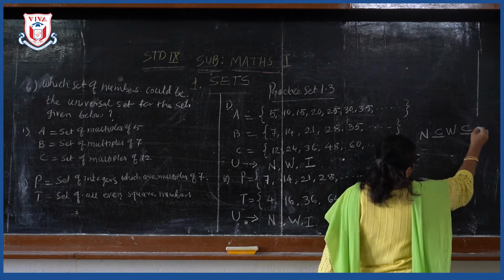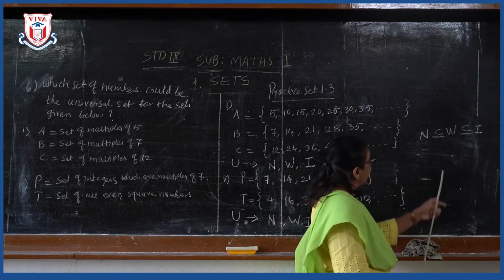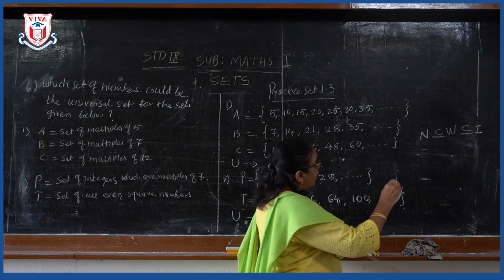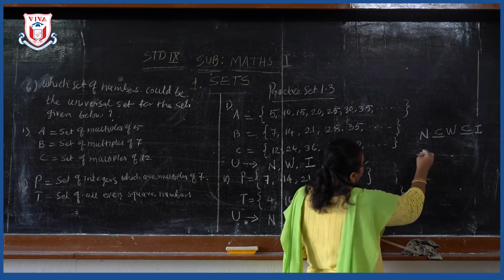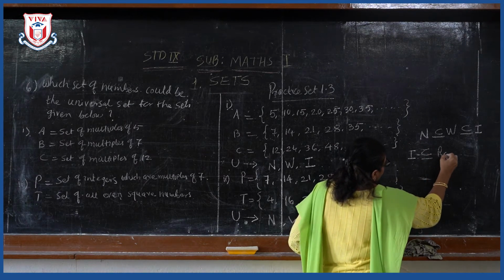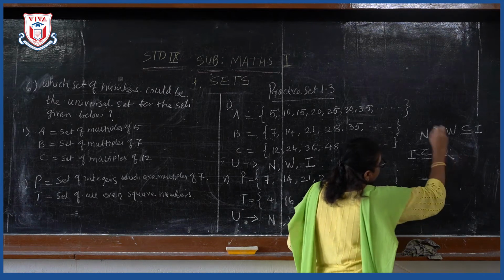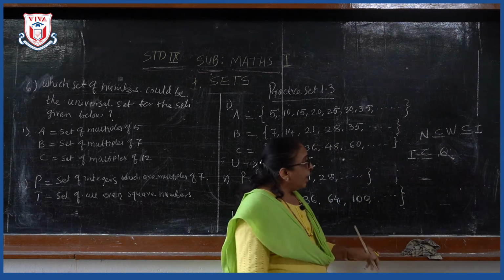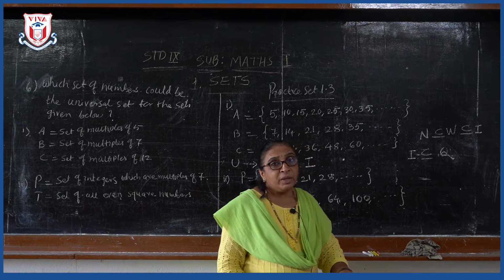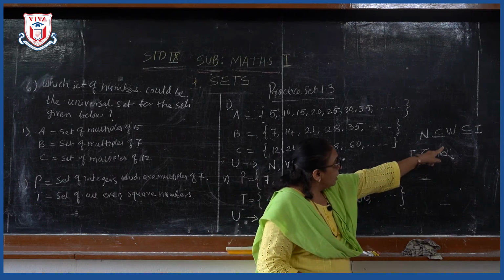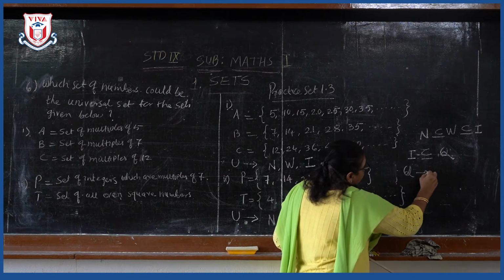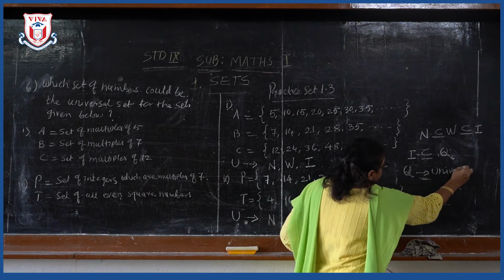Whole numbers are a subset of integers. Also, integers are rational numbers. We consider that integers are a subset of rational numbers, that is Q, and rational and irrational together form the real numbers. Now if this is the condition, then you can say that the set of rational numbers is a universal set.